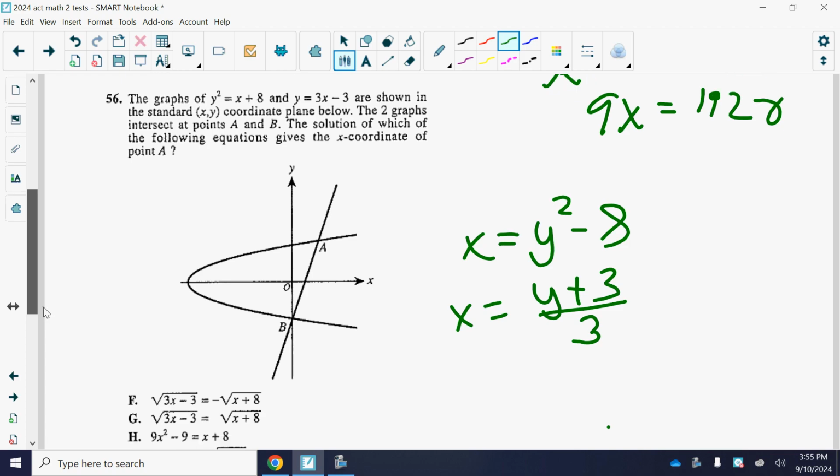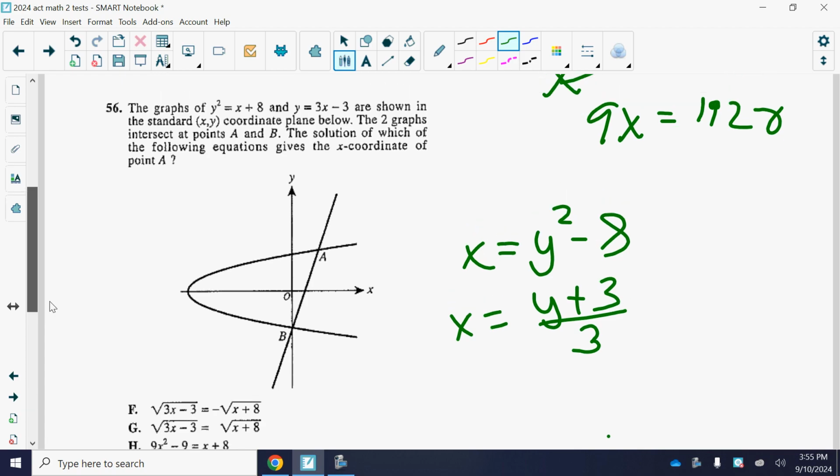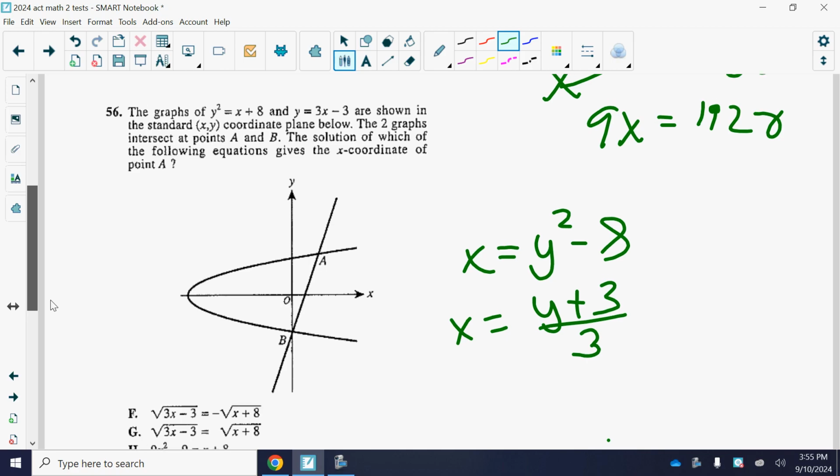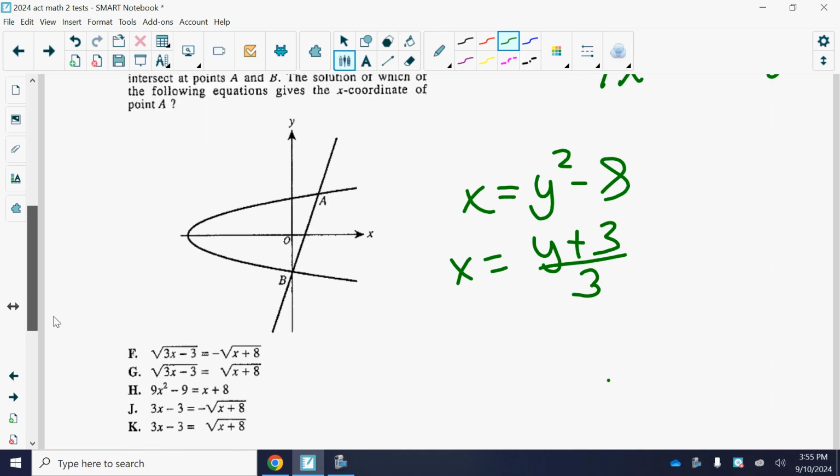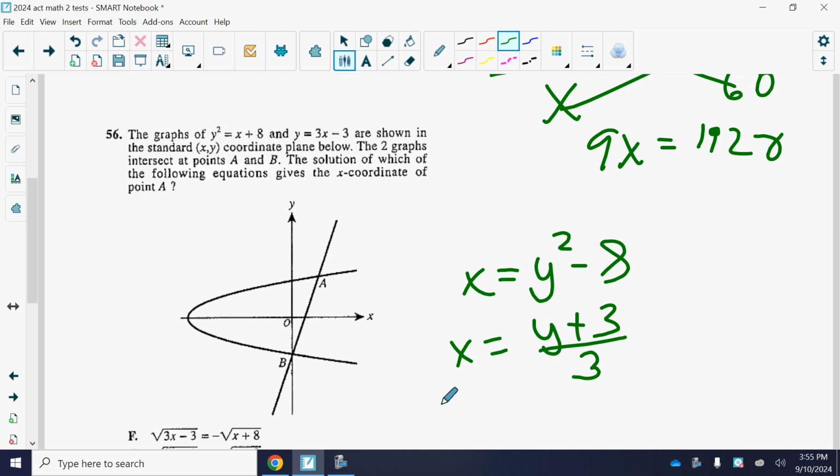What am I doing wrong? I'm doing it in terms of y. I want answers that have x in it, not y, so I'm solving for the wrong thing.